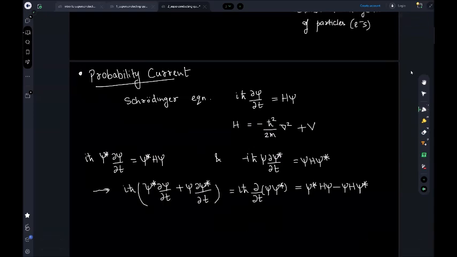Next, what I'm going to do is take the right hand side of this equation and substitute the expression for the Hamiltonian right here. If you look carefully, the term corresponding to the potential will just cancel, and what will remain is only the terms corresponding to this.